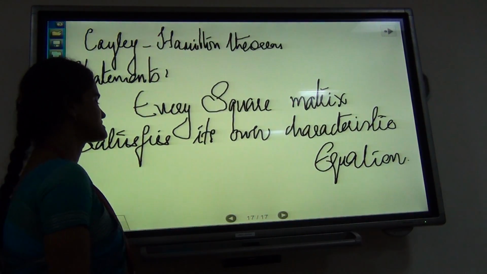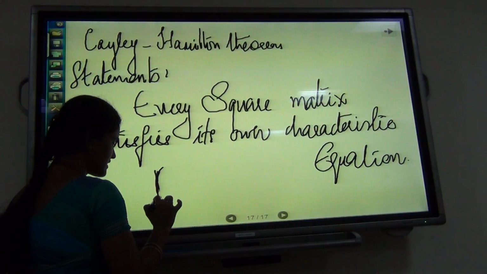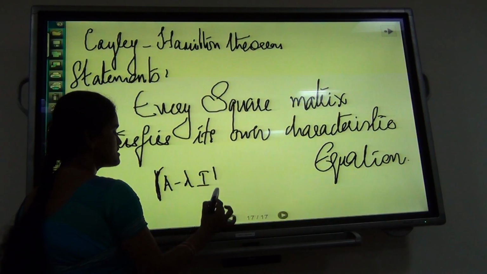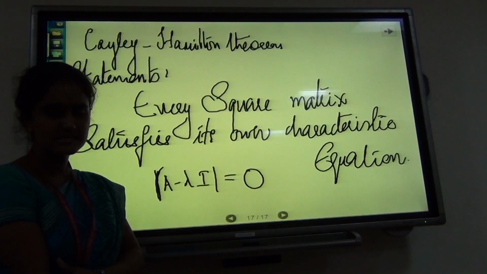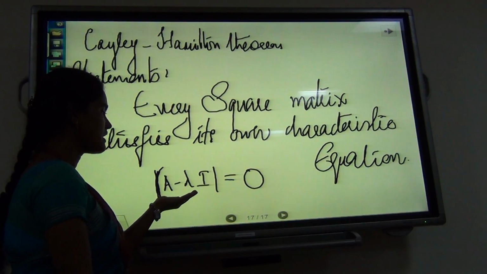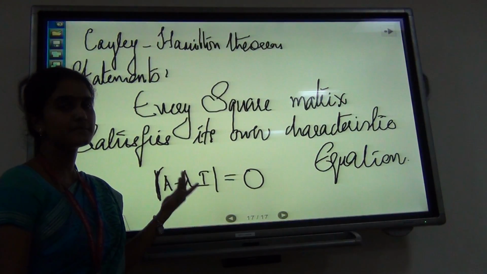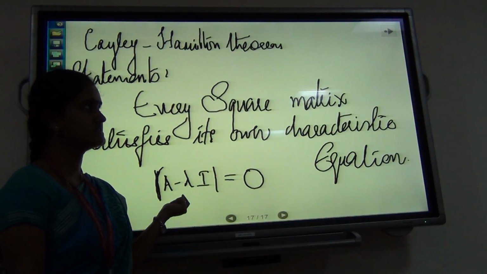What do we mean by this? How do you find the characteristic equation? Just by finding the determinant of A minus lambda I equal to 0. This is how we find the characteristic equation. So instead of finding this characteristic equation every time, we take the characteristic equation of the form lambda cube minus s1 lambda square plus s2 lambda minus s3 is equal to 0.